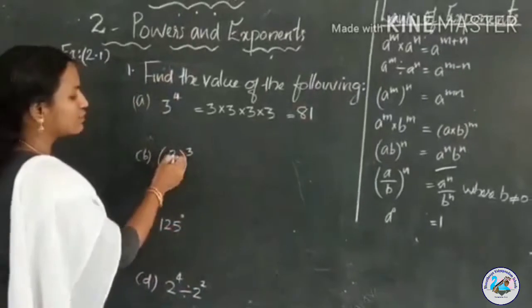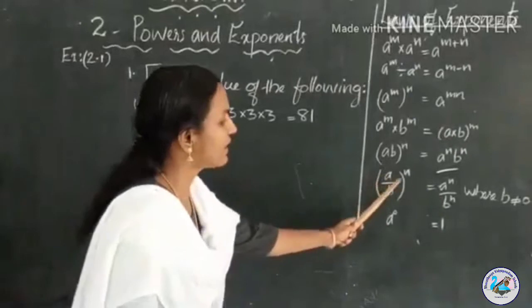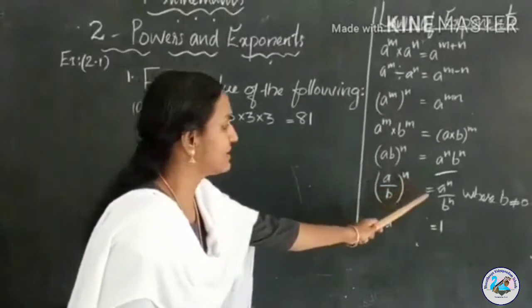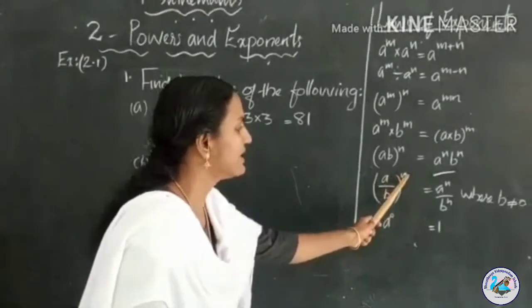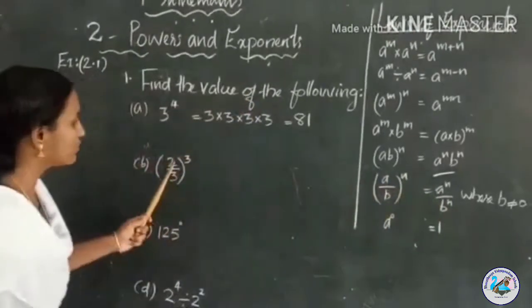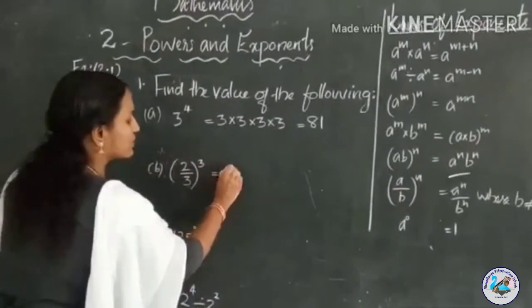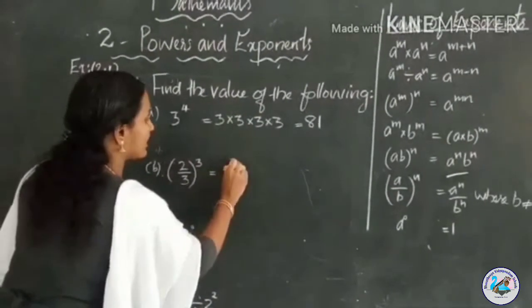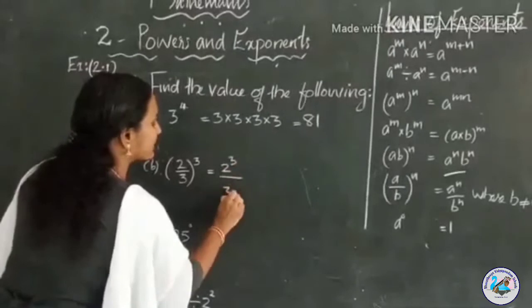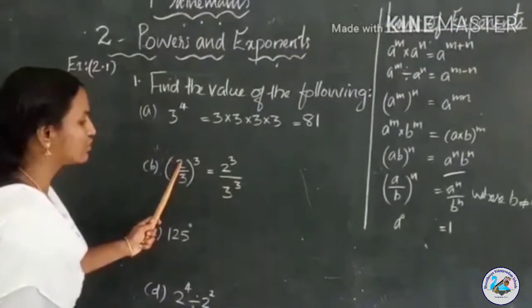Next one, (2 by 3) the whole cube. (a by b) the whole power n is equal to a power n divided by b power n. The same way, (2 by 3) the whole cube is equal to 2 raised to 3 divided by 3 raised to 3. Here a is 2 and b is 3.